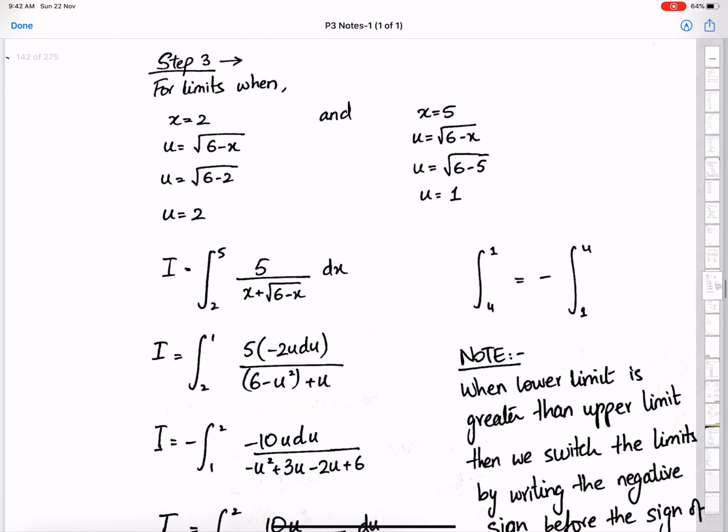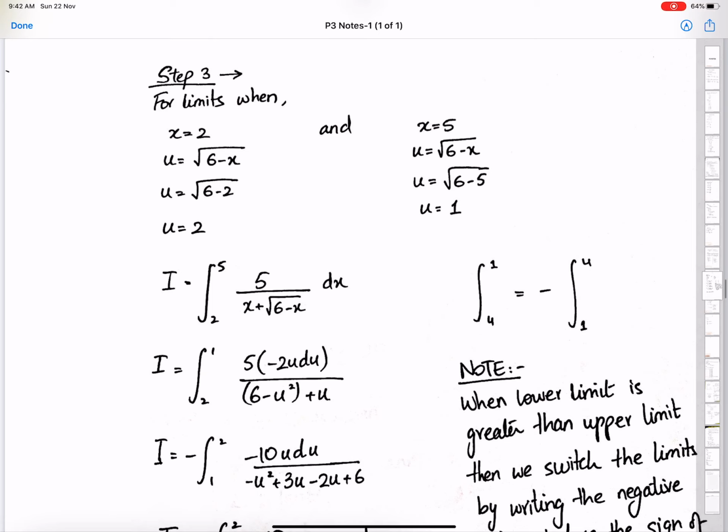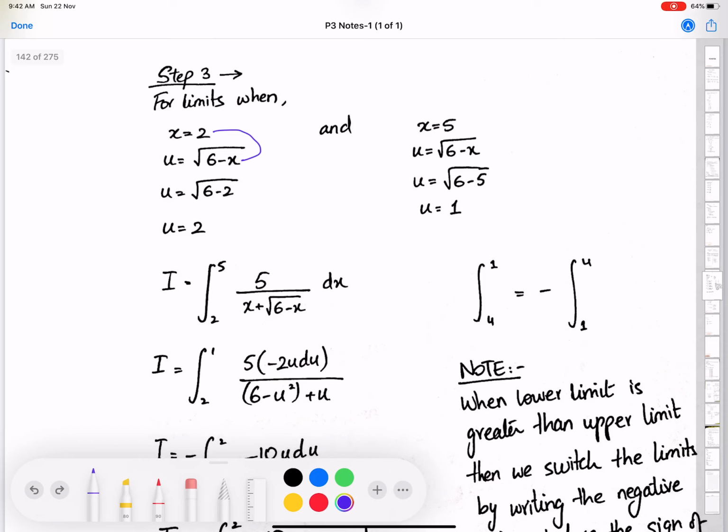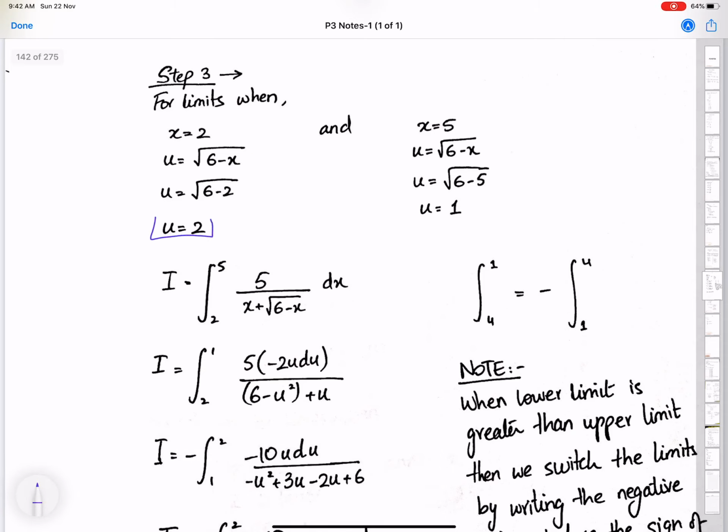Step 3, limits. You need to substitute 2 into the given substitution. Make sure you substitute the limit into the given substitution. When you substitute 2 here, you'll get u equals 2. So when x is 2, then u is also 2. When x is 5, then u is 1.